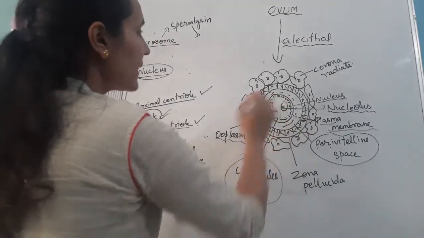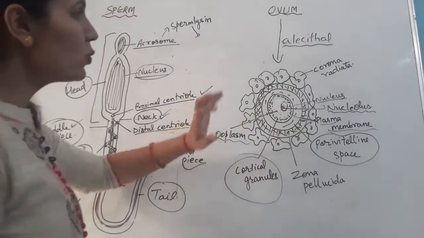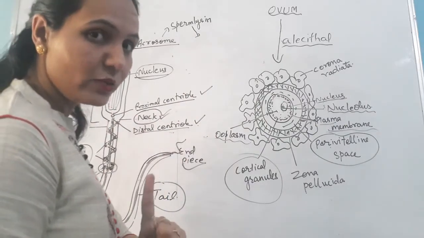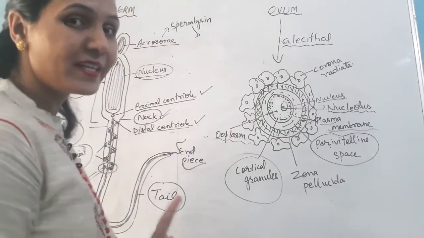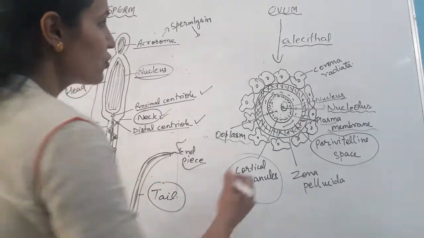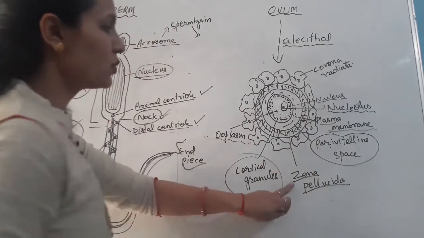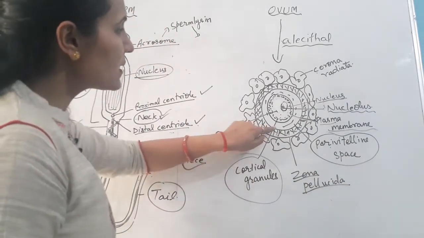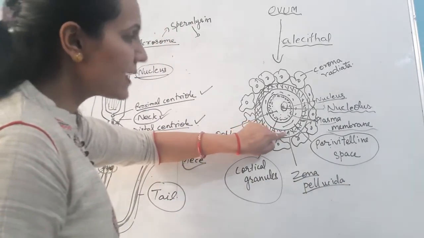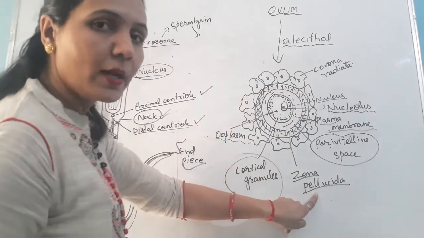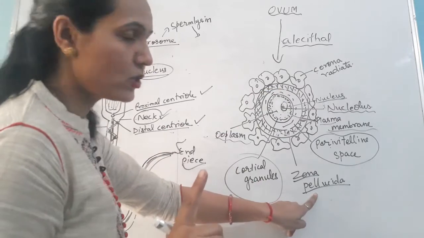Around this perivitelline space, there is an acellular thick layer. Remember, this is an acellular thick layer secreted by the follicular cells, which is known as the zona pellucida. It is very thick in nature.